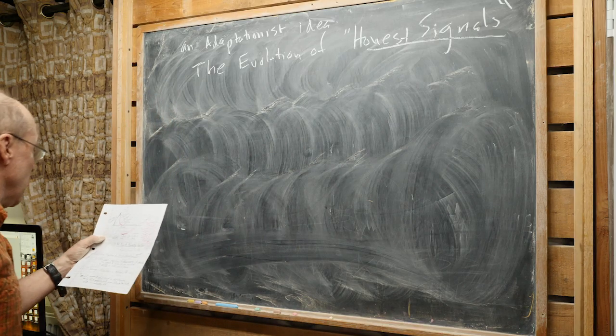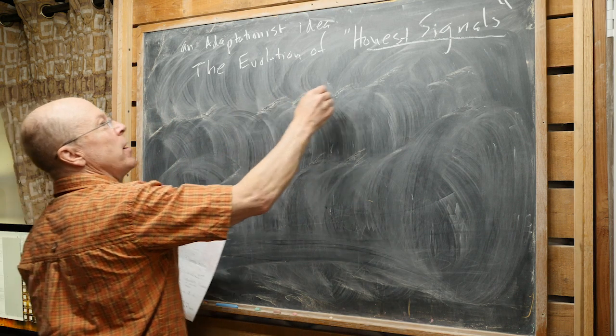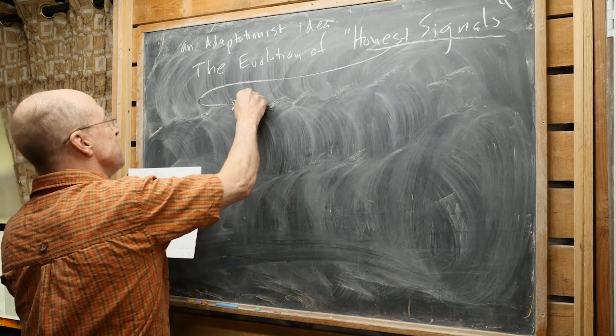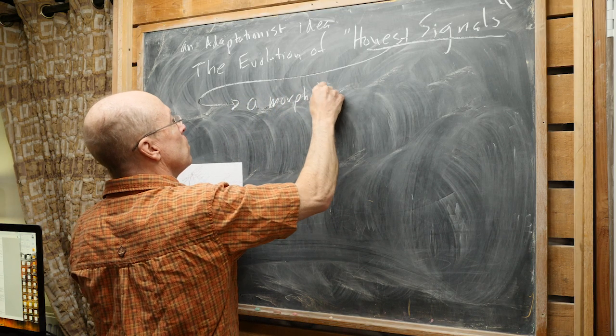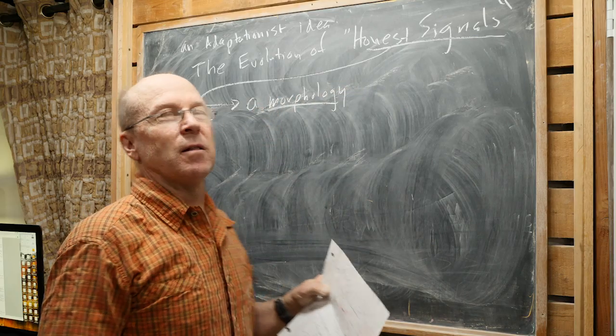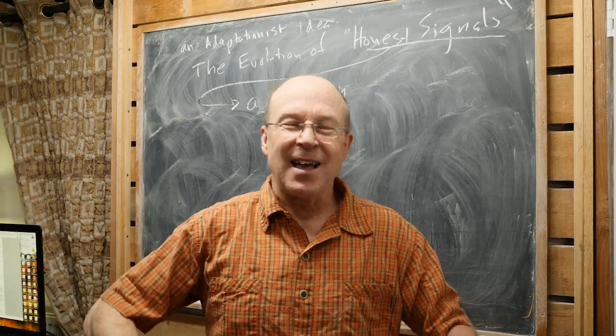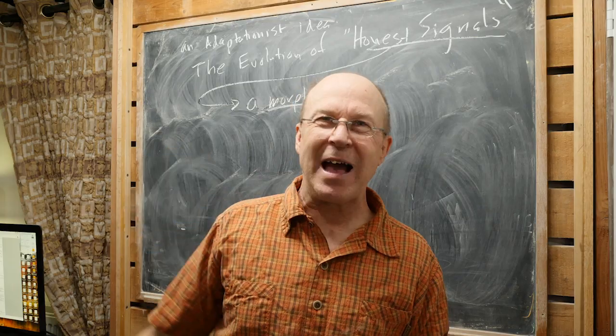Honest signals. An honest signal is going to be defined as a morphology. By the way, a lot of those morphologies are size and color, plumage, all of that stuff.